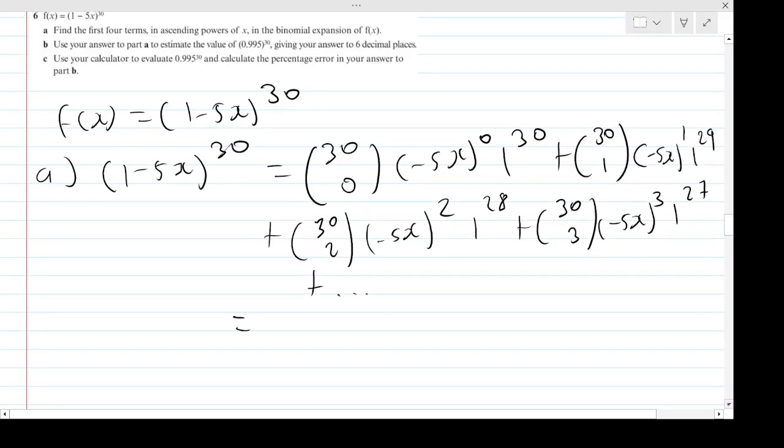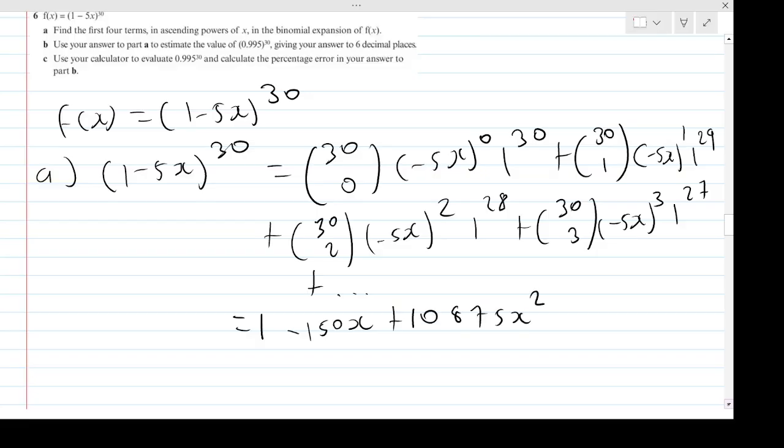So if we were to work that out, 30 choose 0 is 1, minus 5x to the power of 0 is 1 as well, so we just get 1 first. Then 30 choose 1 is 30. 30 times minus 5 is minus 150, so minus 150x. Then the x squared term, 30 choose 2 is 435 times minus 5 squared is 10,875x squared.